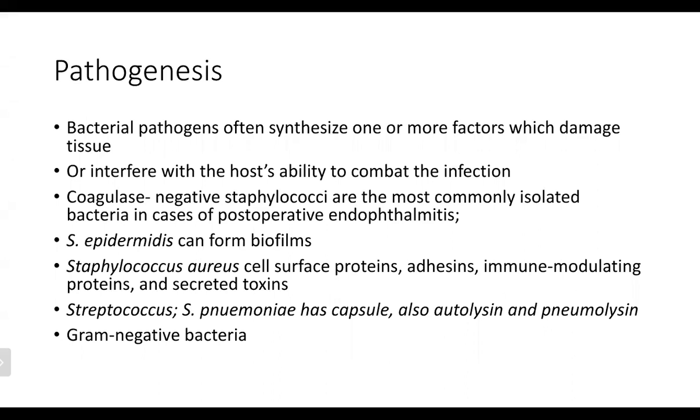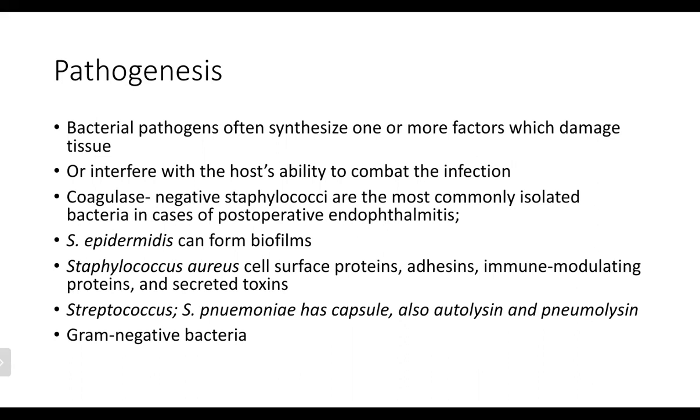The commonest organism isolated from post-op endophthalmitis is coagulase negative staphylococcus, especially Staph epidermidis, which has the ability to form biofilms, which helps to protect it from the host immune system and even antibiotics. Staph aureus has cell surface proteins, adhesins, and also secretes toxins that help it in its pathogenesis.